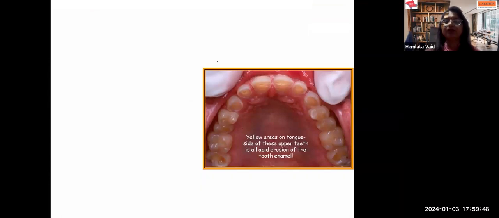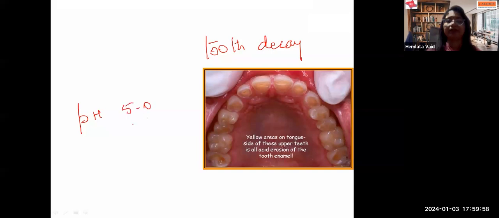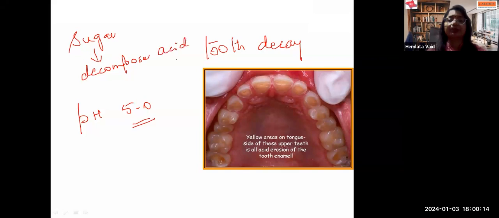Here is another diagram showing you about tooth decay. Tooth decay occurs when the pH of the mouth becomes less than 5. We keep eating sugary fruits, sugary food, chocolates and all. When we eat that, it gets decomposed in the mouth and acid production takes place.